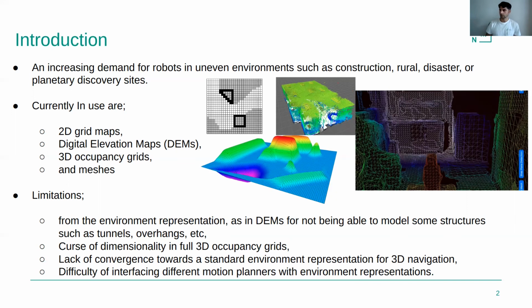And in 3D occupancy grids, there is a curse of dimensionality, and we also have one issue: each of these different environment representations needs to be adapted to different motion planners. So we see this as an issue.